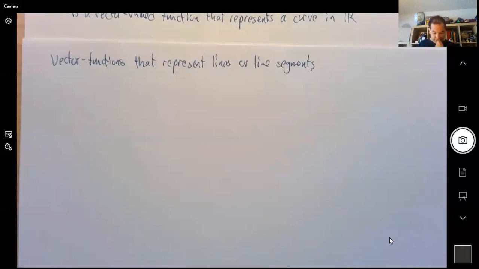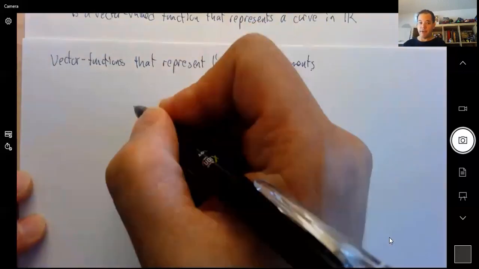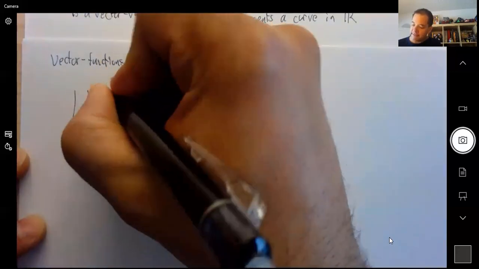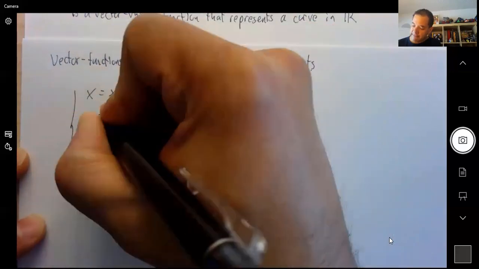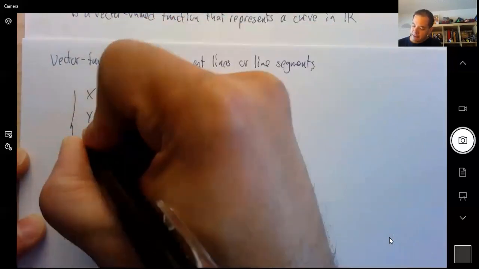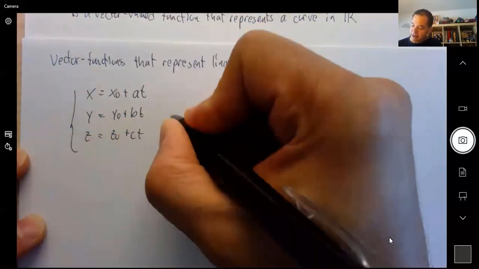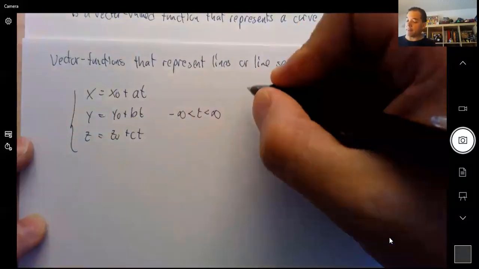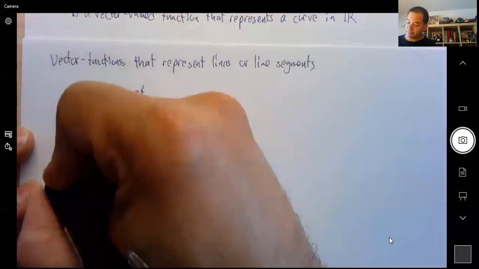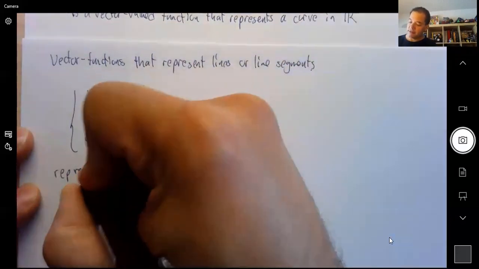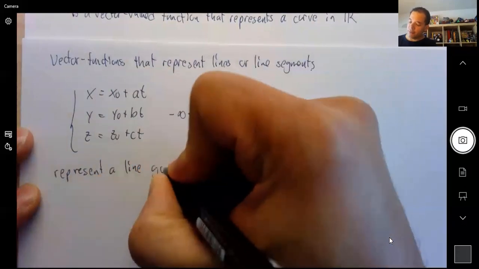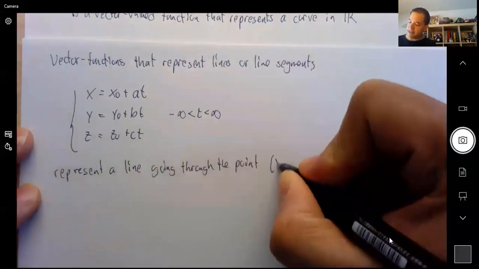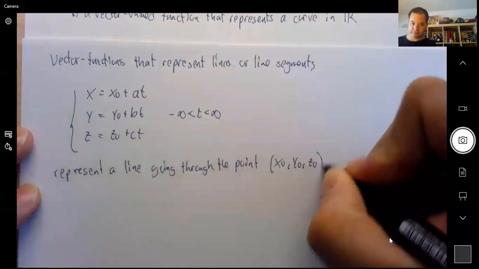We learned before that if we have this type of parametric equations, where t was going from negative infinity to infinity, these were the parametric equations of a line going through the point x0, y0, z0.